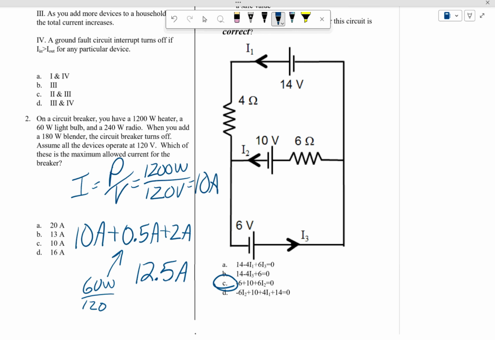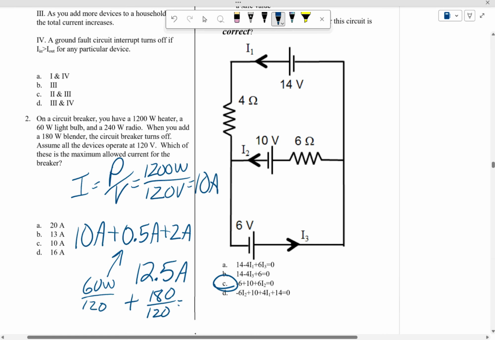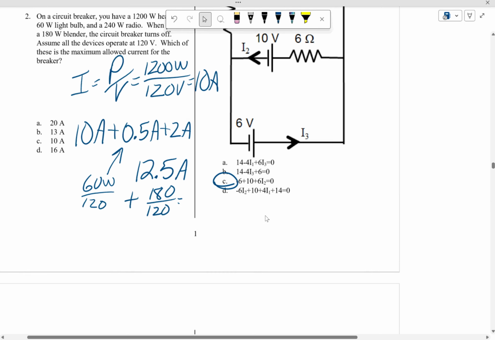But then you turn on the blender, which is 180 watts, and I add 180 divided by 120. That's 1.5. So somewhere between 12.5 and 12.5 plus 1.5, that's 13, and 14, somewhere between there, the circuit turns off.